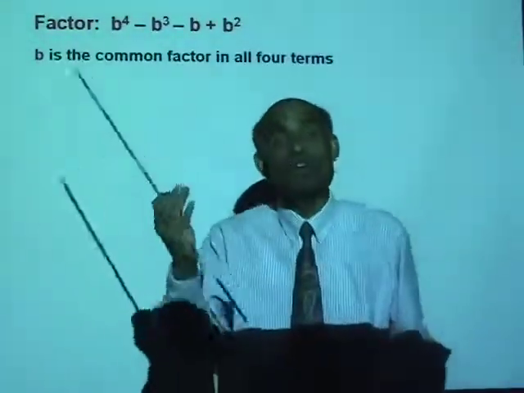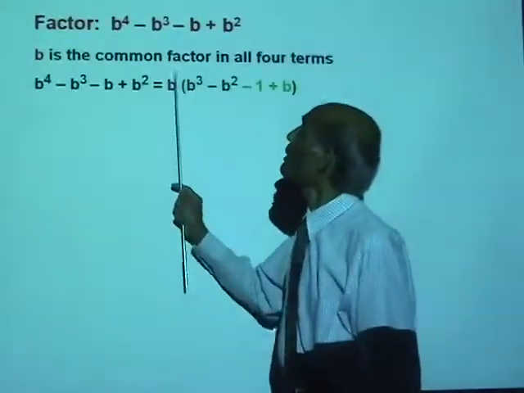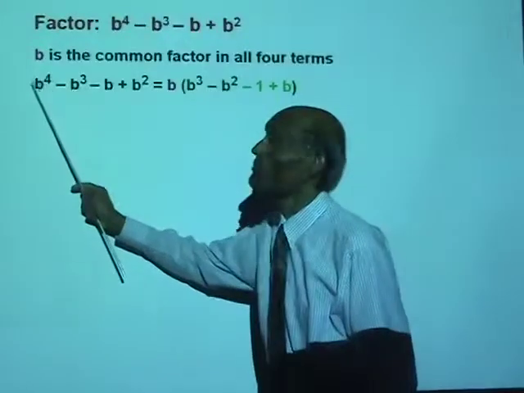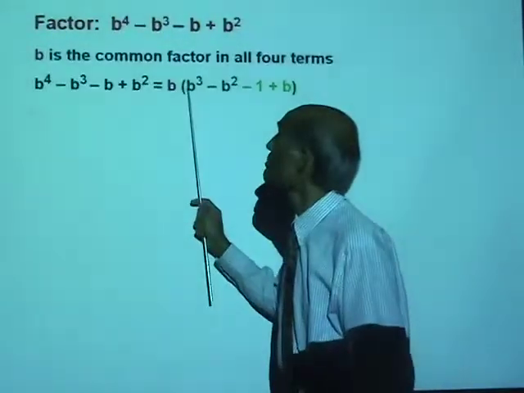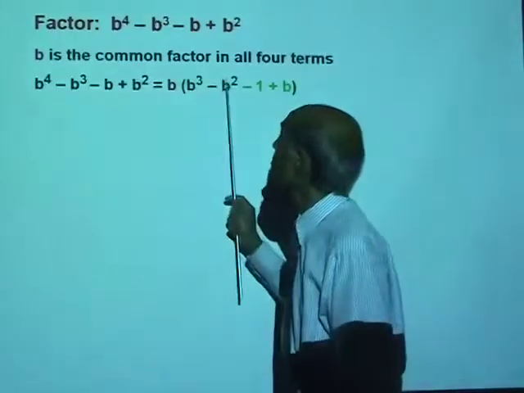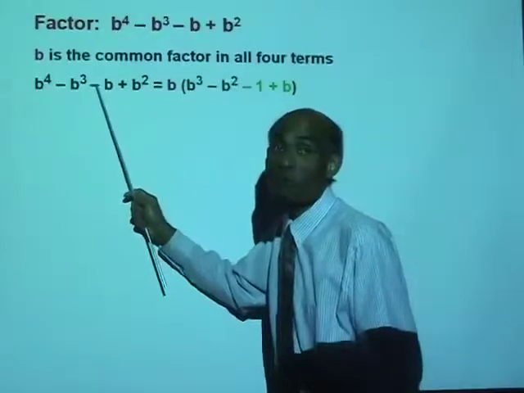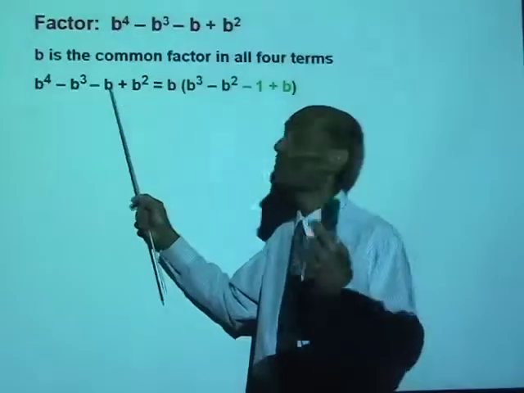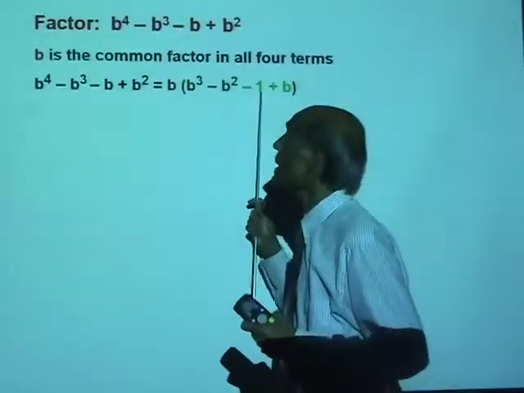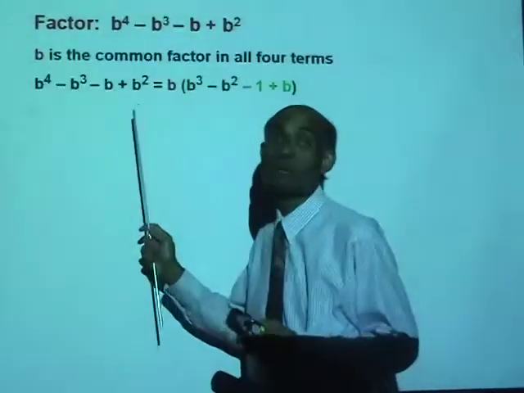So to begin with, we will pull out a b. Now, when you pull out the b, what is left in the first term is b cubed. What is left in the second term will be minus b squared. What is left after pulling out the b from negative b is a negative 1. b times negative 1 is negative b.